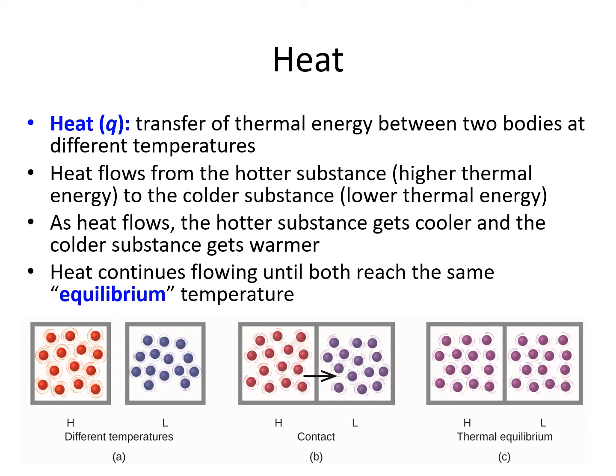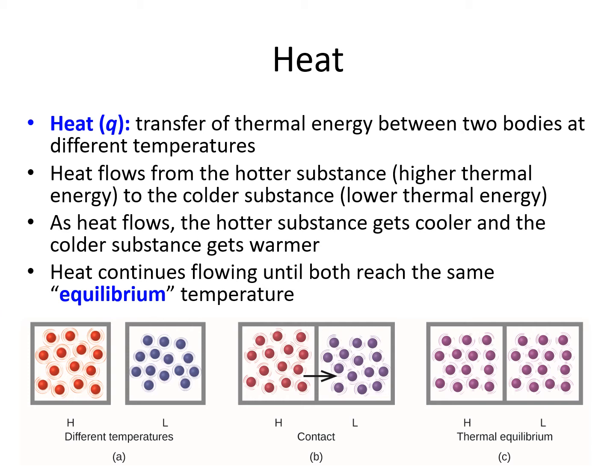Another related, but not exactly the same term is heat. So heat has the variable q, lowercase q, and it's going to be the transfer of thermal energy between two bodies at different temperatures. So the heat is always going to flow from the hotter substance to the colder substance. That is the substance that has the higher thermal energy to the substance that has the lower thermal energy.